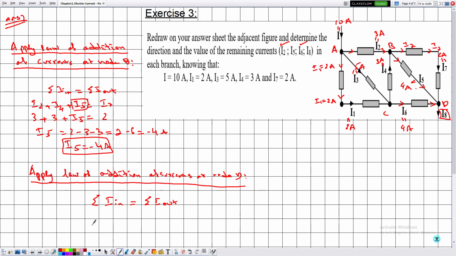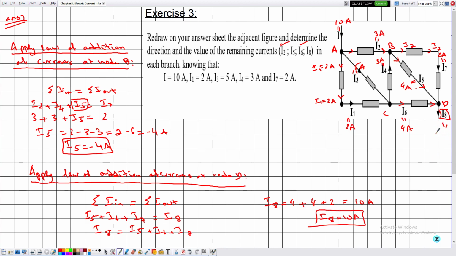The currents that are entering the node are given by I5 plus I6 plus I7, and the only current that is leaving the node is given by I8. So the value of I8 is equal to I5, which is given by 4, I6 is given by 4 and I7 is given by 2, so this is equal to 10 amperes. So I8 is equal to 10 amperes.